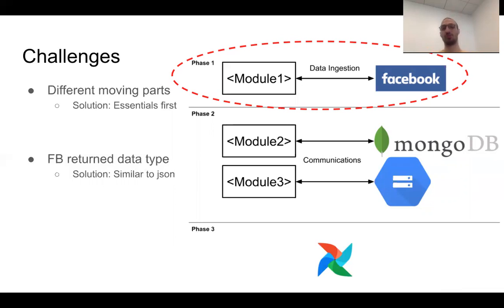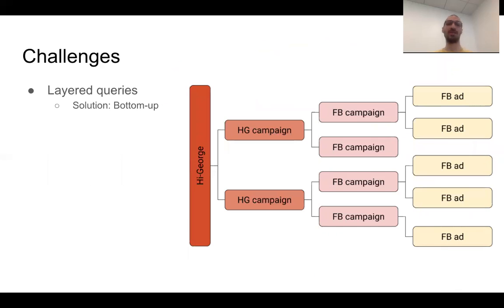So I leveraged that to extract data from Facebook. And after I was comfortable with Facebook, I established communications with MongoDB and Google Cloud Storage, and afterwards it was time for Airflow.